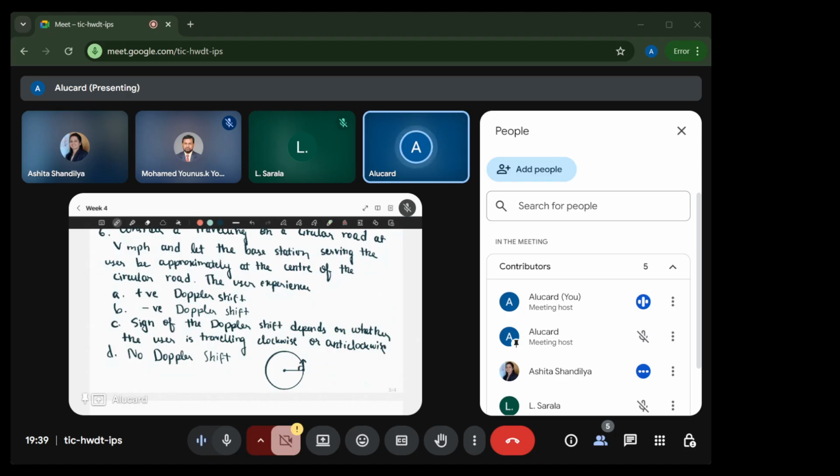That is, this is always 90 degrees. So regardless of what speed he is moving at, he is always moving perpendicular to the radius. Now, since the base station is at the center, the direction of the radio waves will be along the radius. So he sees no Doppler shift.